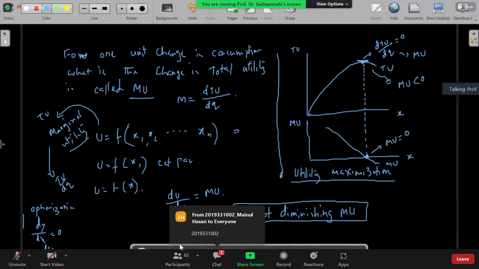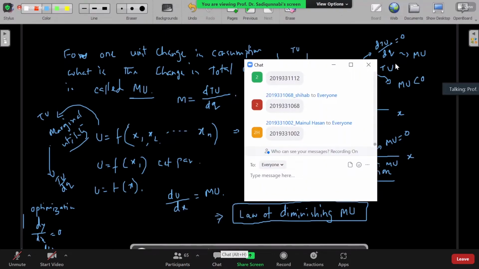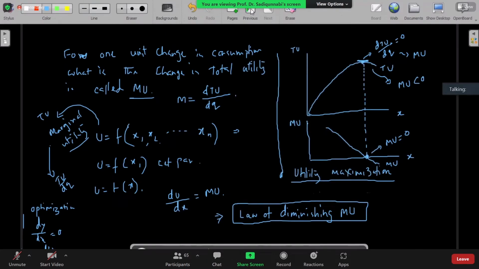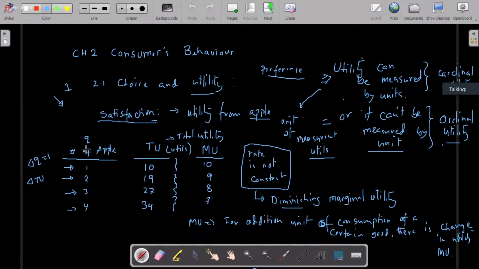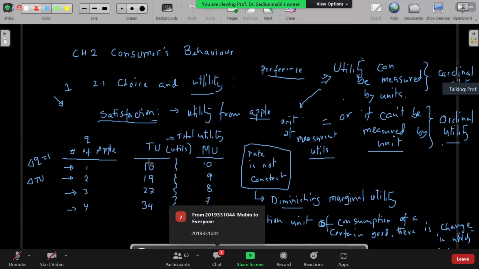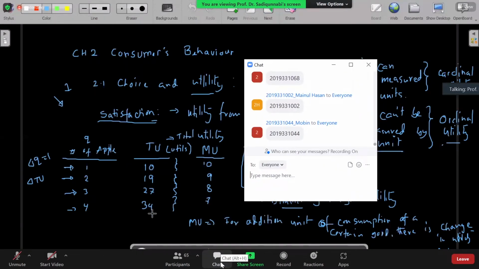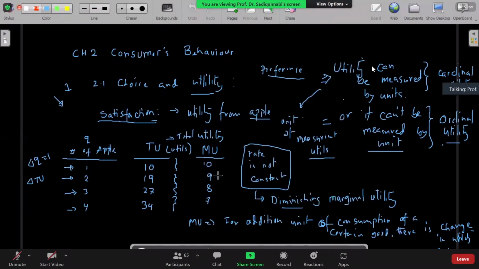So this is mathematical, and previously we have seen graphical. This is the graphical representation of utility. Number of apples Q is 1, 2, 3, 4, total utility 10, 19, 27, 34, and marginal utility 10, 9, 8, 7.